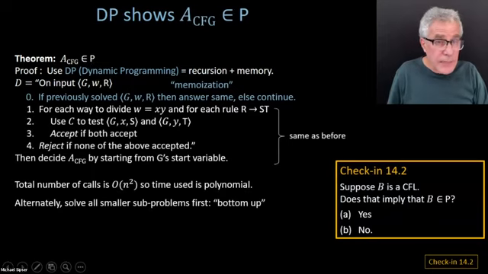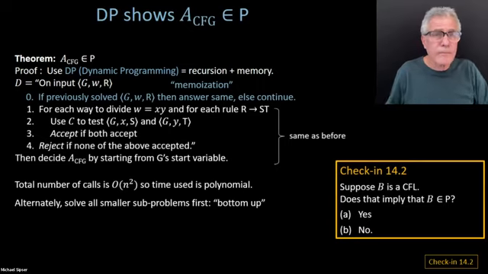Does that tell us that every context-free language itself is also solvable in polynomial time? Just mull that over, and please give me an answer. I hope you do better on this check-in than you did on the last one. Go ahead and think about that, and I can take some questions in the meantime.